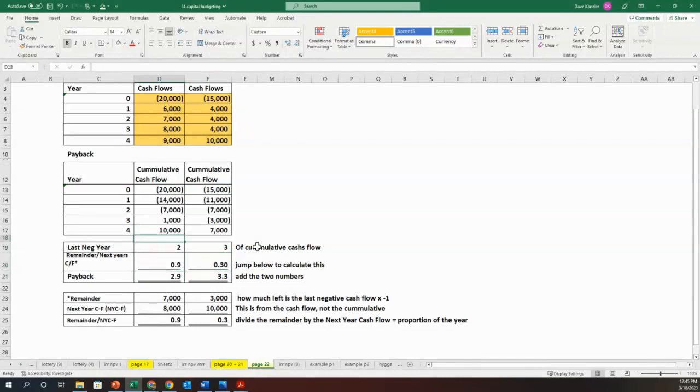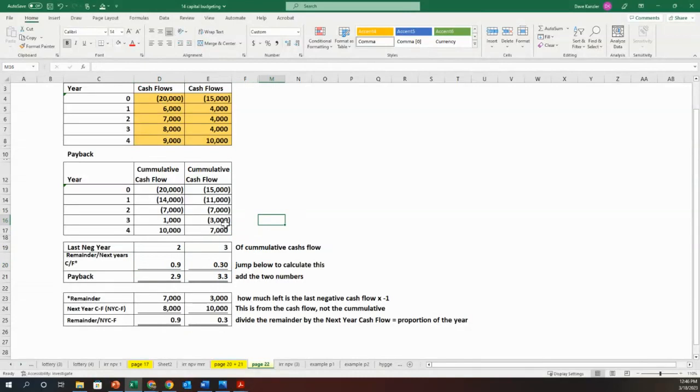So basically, it makes sense logically if you think about it. We were $7,000 in the hole. We're going to earn $8,000 next year. So it's going to take us 7/8 of the year, or 0.9, to earn to the point where we're completely at zero.